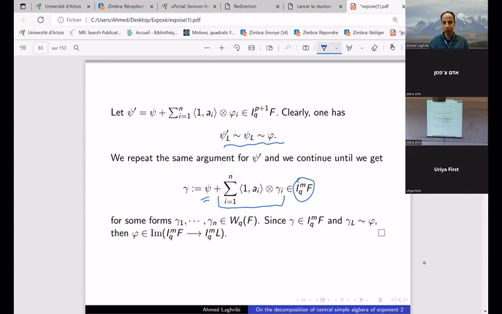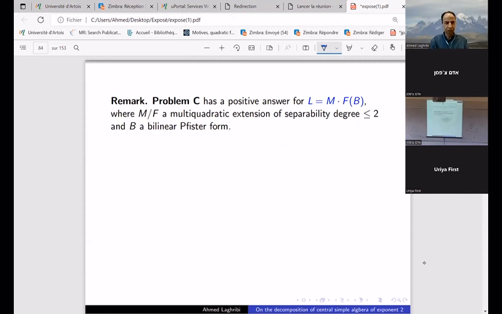This is not difficult. Okay. And a remark: problem C has a positive answer also if you would like to go beyond algebraic extensions. So I choose this example. Our L is a compositum of M and FB, such that M is a multi-quadratic extension of separability degree at most 2, and B is a bilinear Pfister form.